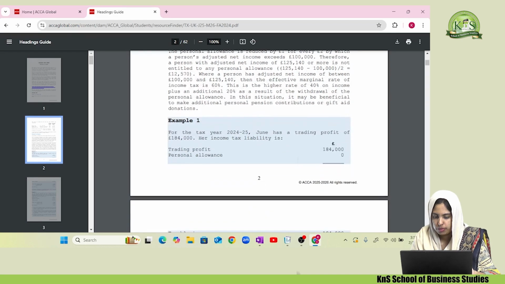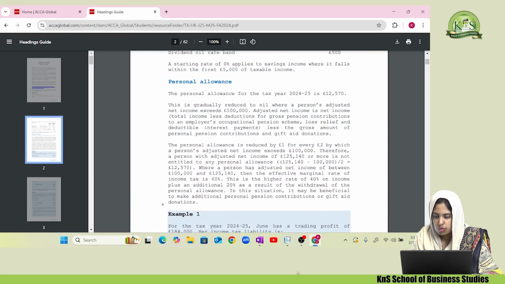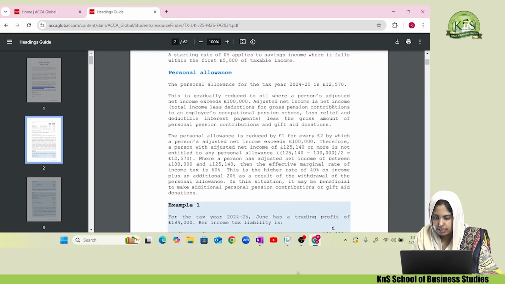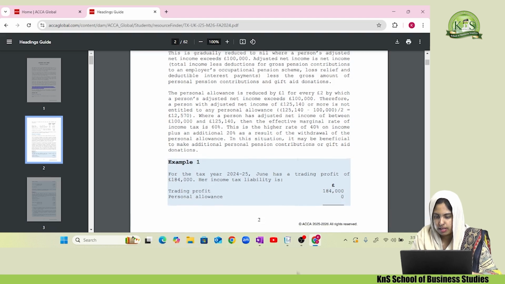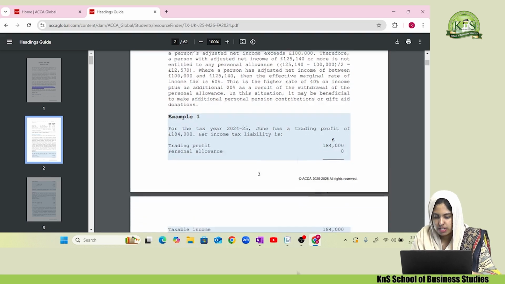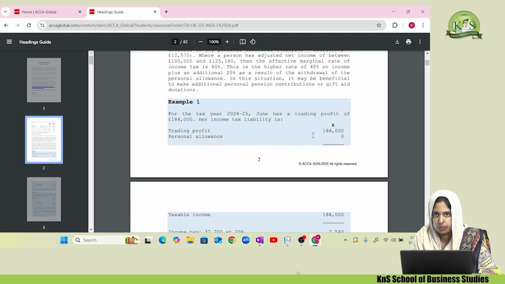Over here, it is exceeding 1 lakh. Adjusted net income is net income, the total income less deductions for gross pension contributions. This is obviously a separate topic for pensions, but for the sake of a question, if a pension amount is mentioned, we subtract that. And if my adjusted net income exceeds 1 lakh, then my personal allowance will be reduced. That's why over here it is mentioned as 0. These are special cases you have to take care about.